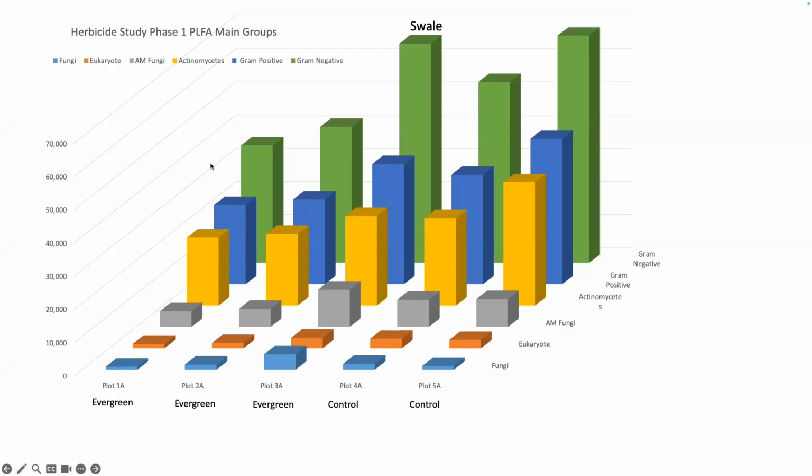So if you wanted to knock this one out of there, just forget the swale for a minute. Your evergreen ones generally had lower biomass and lower group values for these different groups than your controls did. So just looking at this data, one could argue that the native plants are increasing your microbial communities over the invasive winter creeper, correct?